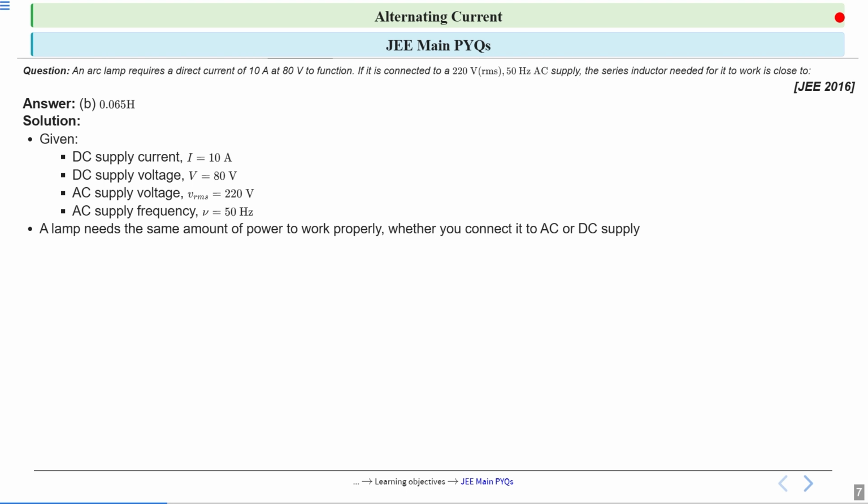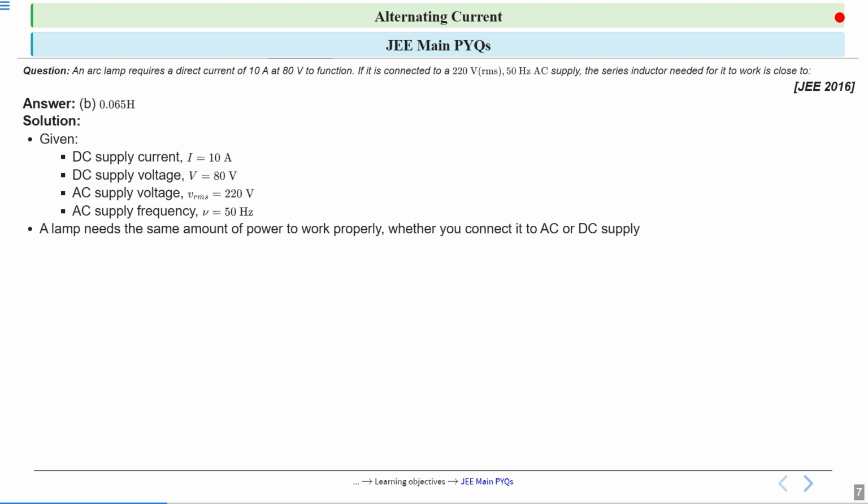But I RMS and V RMS are changing, so we have to connect an inductor in series so that the current is the same as the DC current, 10 ampere, and the voltage across the resistor is the same as the DC voltage. But for voltage we have to take phase differences or a phase diagram, which makes it complex. So we'll solve it in terms of current.